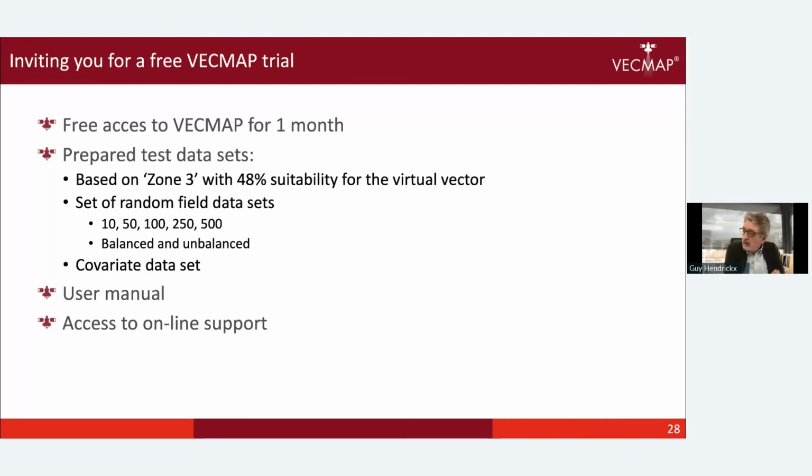Another aspect of spatial modeling is that data are often collected in a given area, like zone 3 of our virtual vector. If you have only data of zone 3, could it be extrapolated to the rest of the area? We'll have a webinar dedicated specifically to that too.